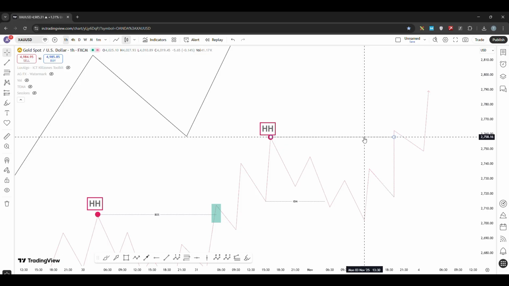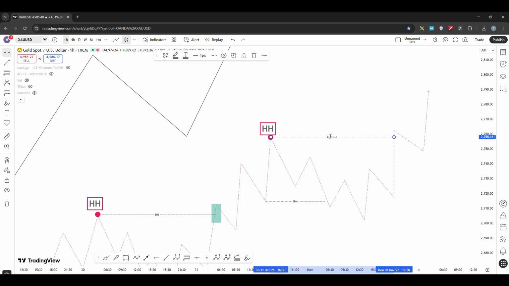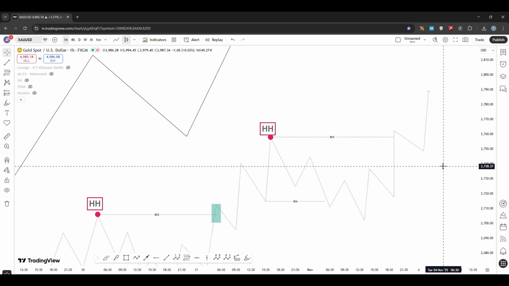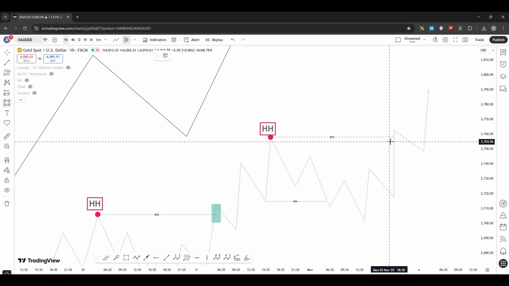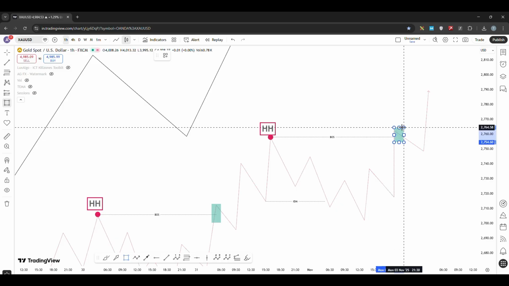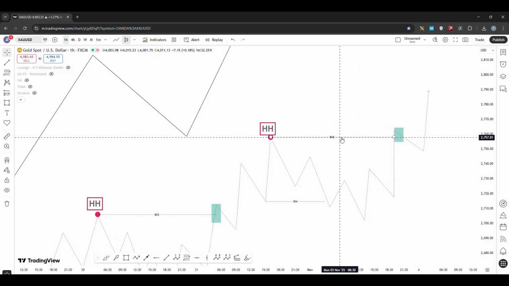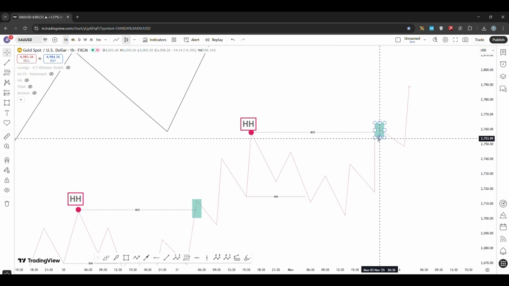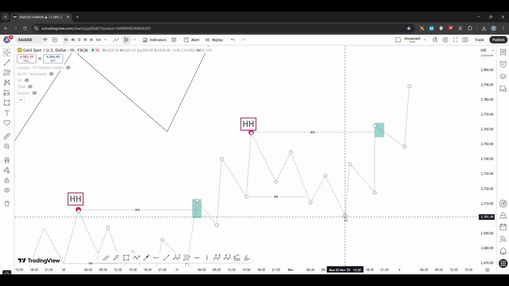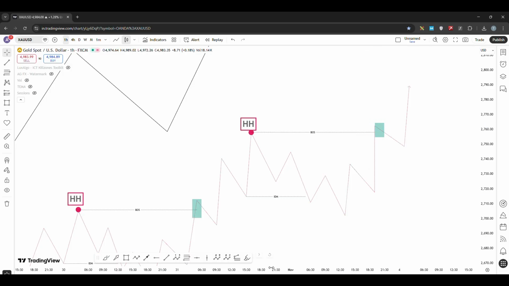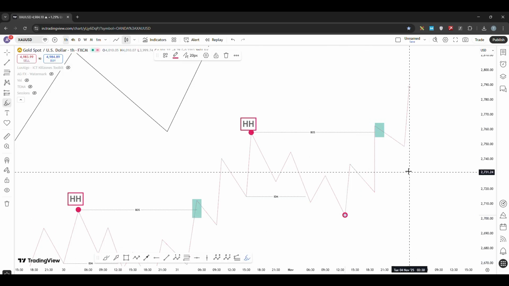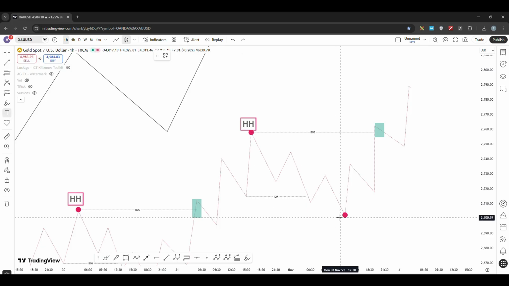Now once market breaks above this high, we have got a new break of structure. Once again very important, candle needs to close above this high. If there is no closing, it's not a valid break of structure. So once we have got the break of structure, the lowest point before this break of structure, this becomes our higher low.